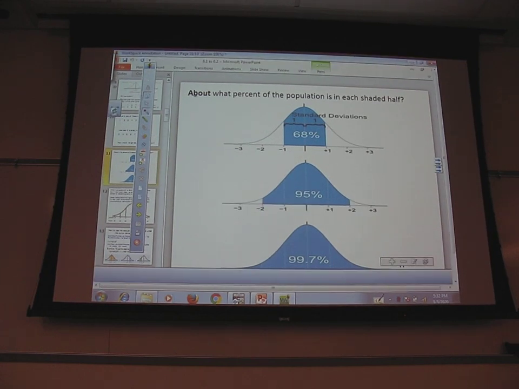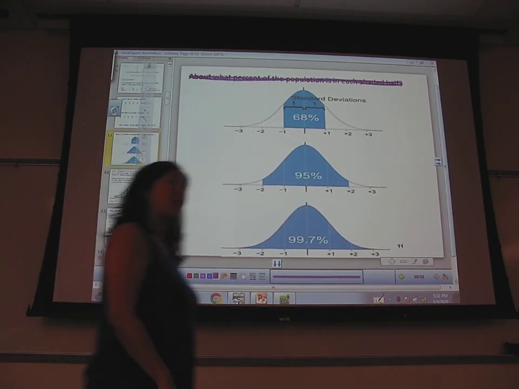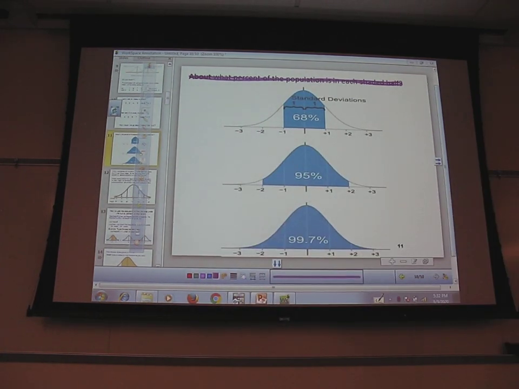I'm not going to worry so much about this part as I want to make sure you remember that if you get a problem on the homework or on the exam that says using the empirical rule or says approximate, that means you should be using this 68, 95, 99.7% rule.